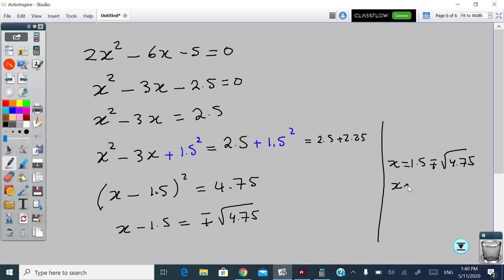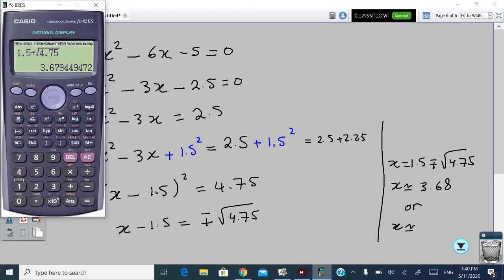So x is approximately equal to 3.68, or x is approximately equal to, and we change this to a minus, and this equals negative 0.68.